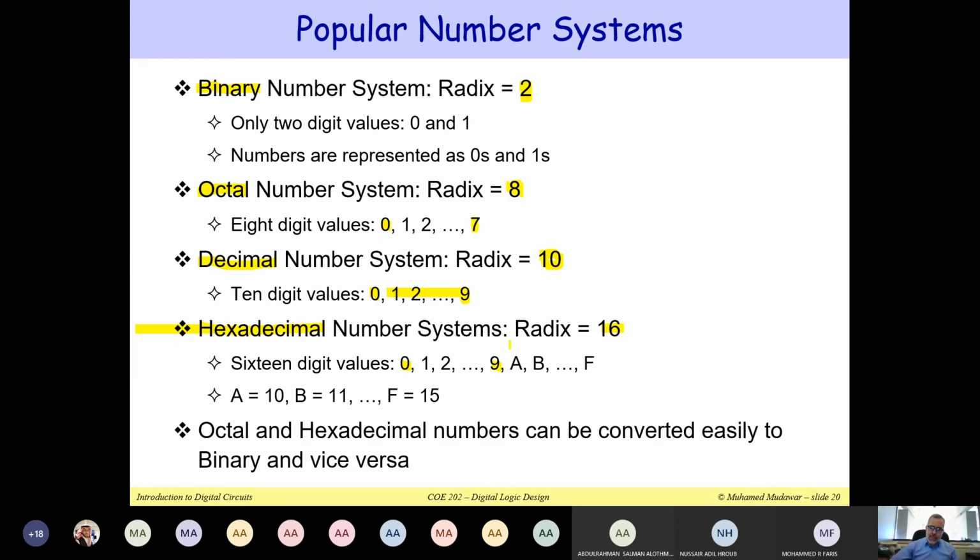Letter A becomes 10, B becomes 11, C becomes 12, D becomes 13, E becomes 14, and F becomes 15. So we use 6 letters from the alphabet as digits in the hexadecimal number system.